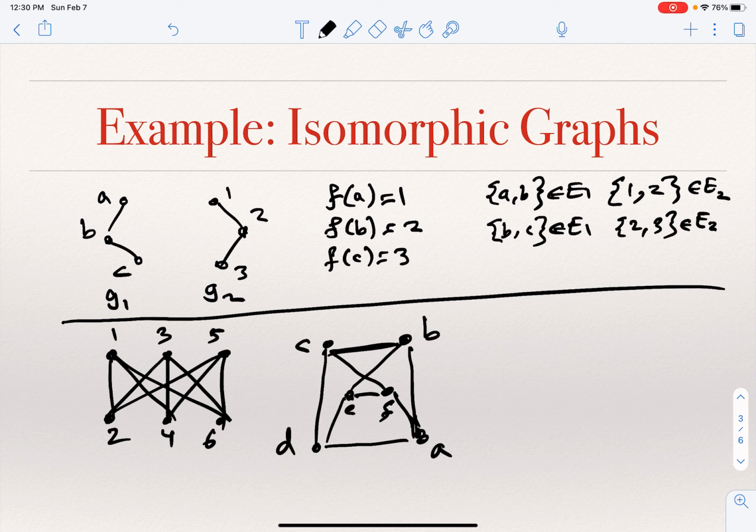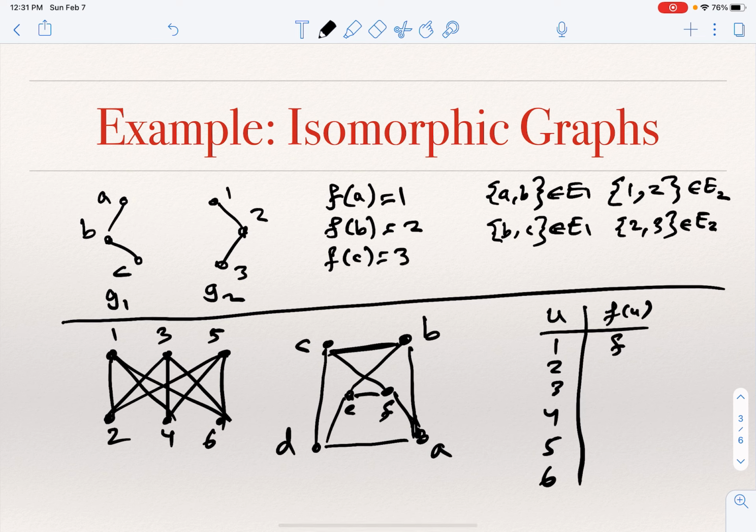The answer is yes. And the function that we can come up with is that if I look at node U in V1 and I look at f of U in V2, so in nodes 1, 2, 3, 4, 5, 6, what do I map them to? For example, node 1, I can map it to node, let's say, F. Node 2, I can map it to node E, let's say, and I will verify it at the end here.